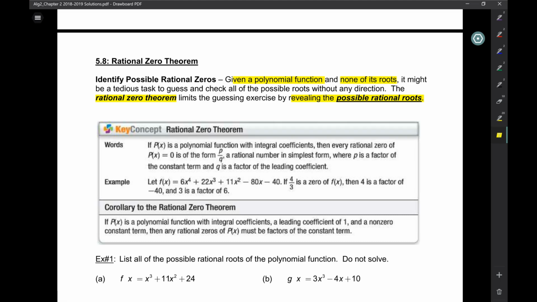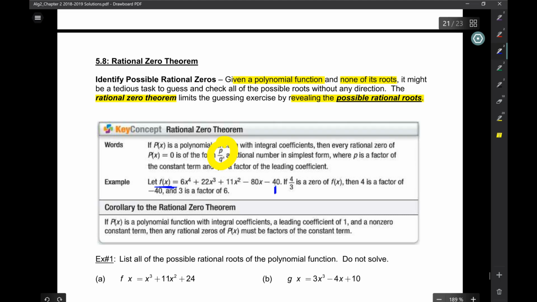All right, so here's how we do it. Basically what we're going to do is find this thing called P over Q. How do we get P and how do we get Q? Well, if you have a function like this, f of x, you've got the leading term, that's the term with the highest exponent, and then at the very end, you've got a constant.